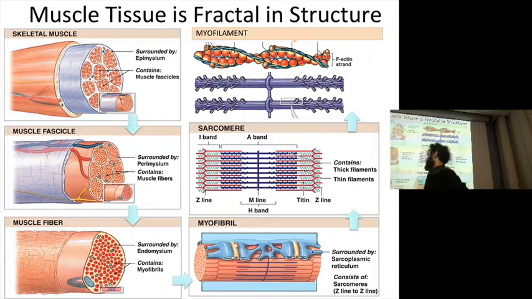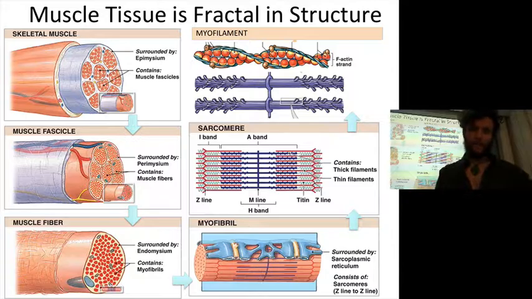A muscle fiber is surrounded by endomysium and is a collection of myofibrils. A myofibril is surrounded by this sleeve of sarcoplasmic reticulum and is composed of the individual sarcomeres. A sarcomere is then composed of the myofilaments, the F-actin and the myosin.